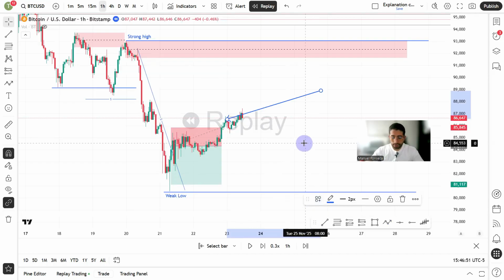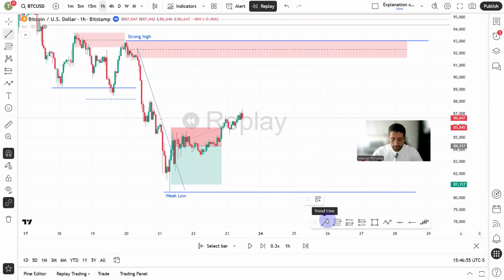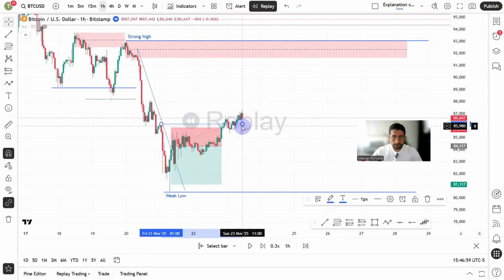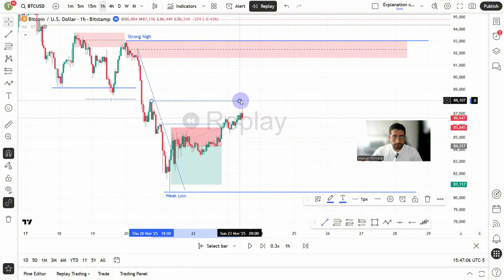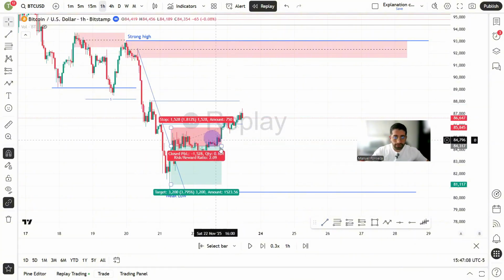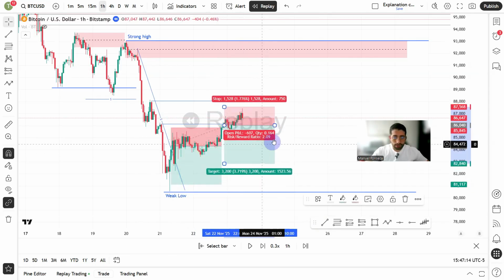So let's do it as the retail traders may do, who do not have a real strategy or concepts in their favor, right? So after you lose this order, you say, damn, I'm gonna recover that money. So you put another order here.